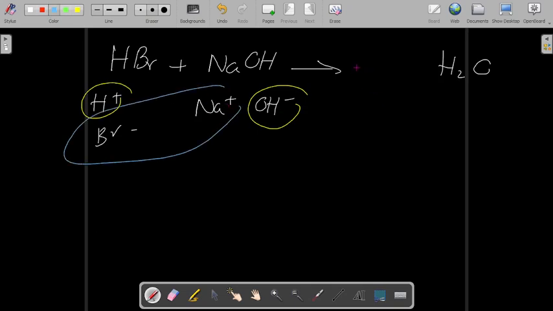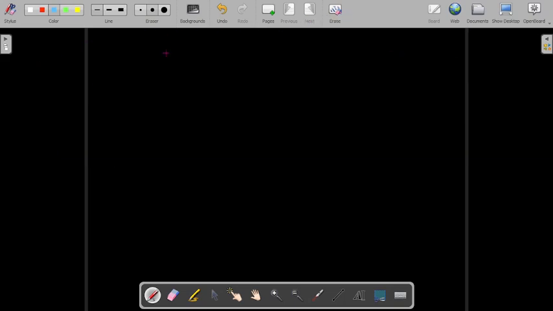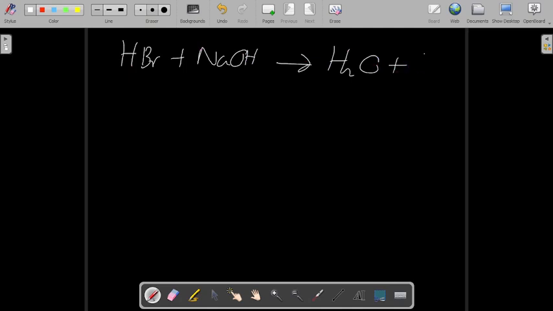So what do you get? Always put the positive first, the metal, and then the other one. I meant to erase just part of it, so I'm going to write it down again. I don't need to count my atoms to know that it is balanced, because I just broke it down into ions and put them together. So I know this is balanced. I'm done. Step 1 done.